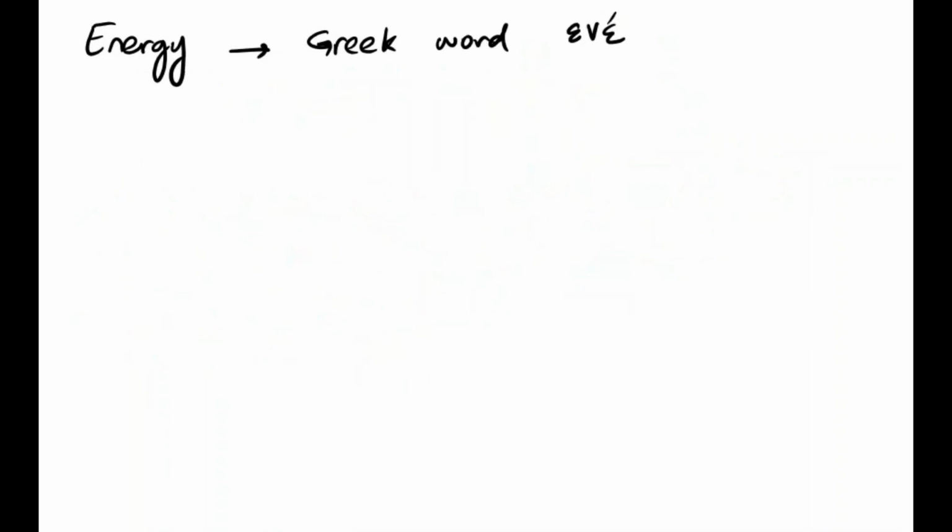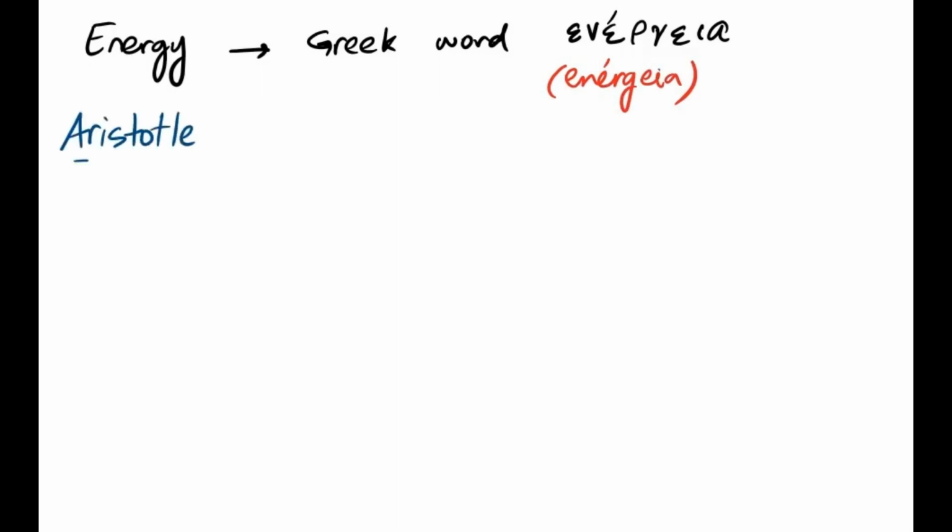The word energy came from a Greek word, which is energia, and it's written in this form that you can see on the screen. Now, this term energia was developed by Aristotle to define what energy is. Energia has no direct translation to English.